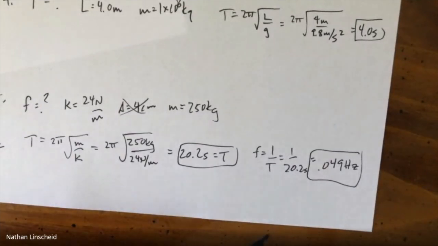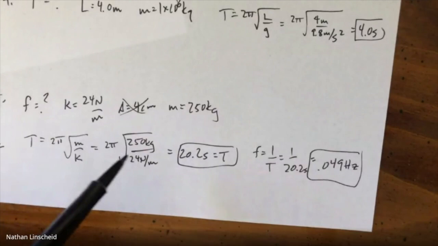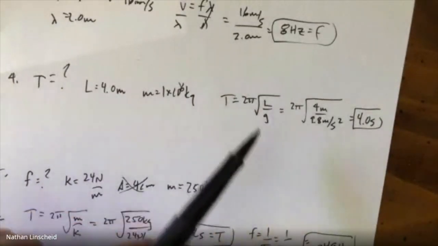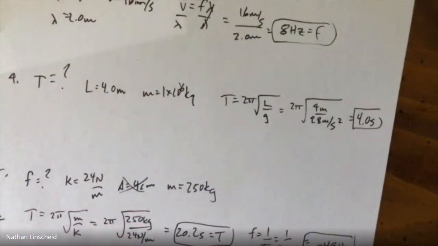Now, the one thing I would mention on this problem and on this problem is the common mistakes I see people make are not putting parentheses in the right places.